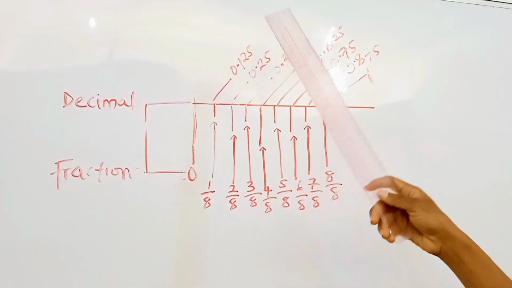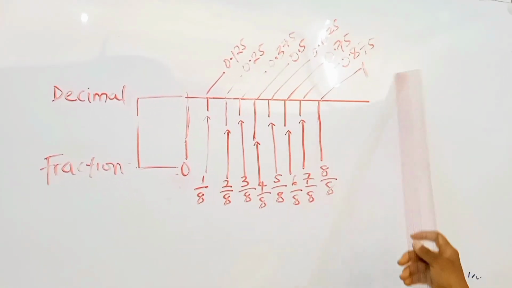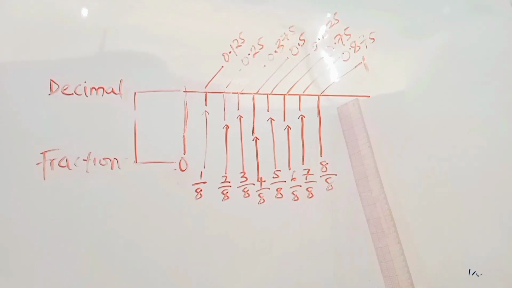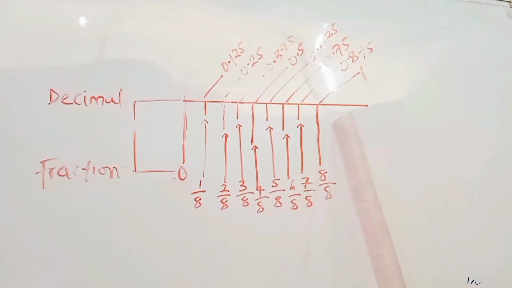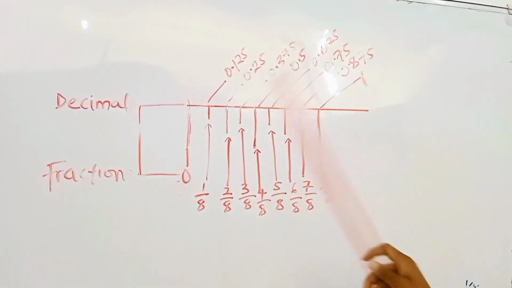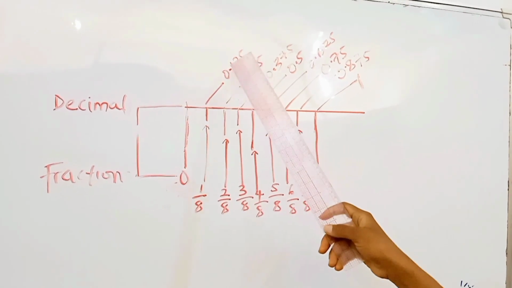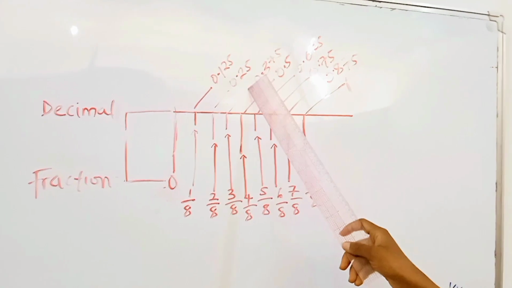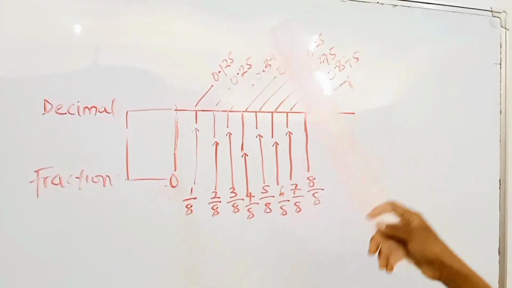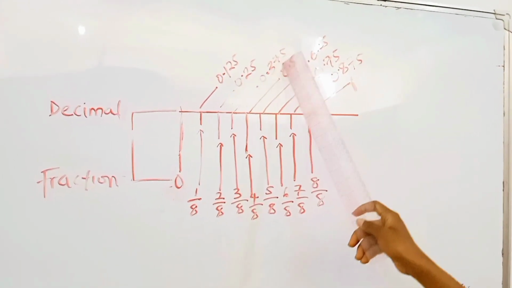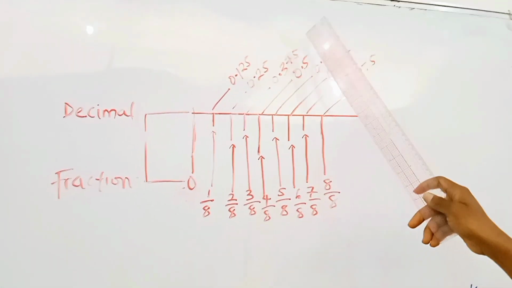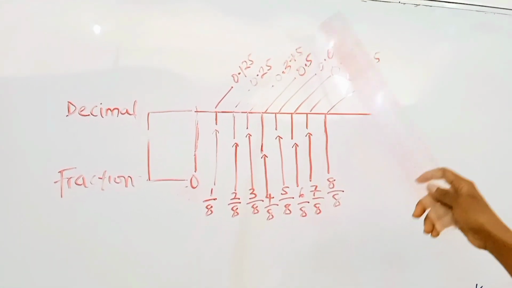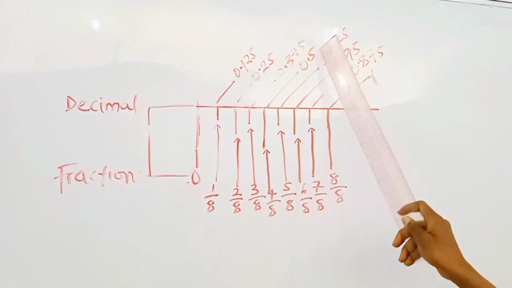So you keep adding 0.125 on each line till you get to the 8th line, and that will give you 1. So you add 0.125 plus 0.125, it will give you 0.25. 0.25 plus 0.125 will give you 0.375. 0.375 plus 0.125 will give you 0.5.